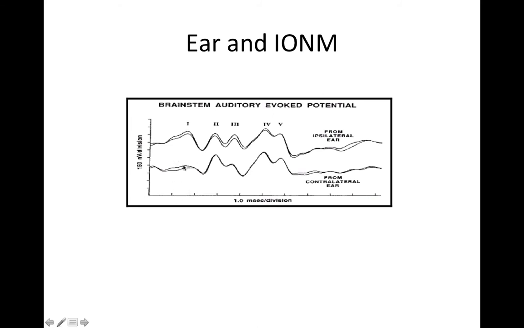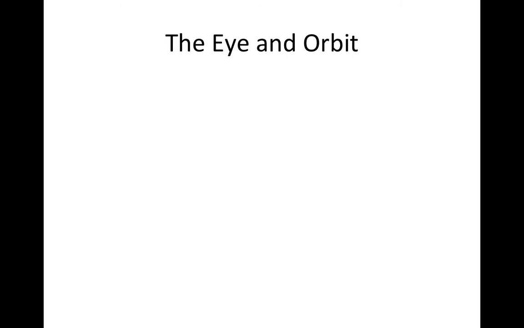But you should not see a wave 1, because if you're stimulating the left ear, the right extracranial part of the auditory nerve is not getting any stimulation. And that is why we don't see a wave 1 from the contralateral ear, but we should see waves 3, 4, 5. Okay? So that is the ear and how it's related to IONM.